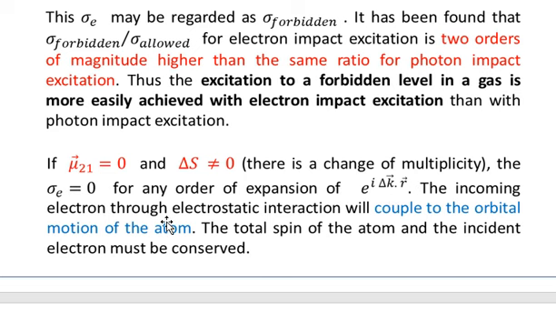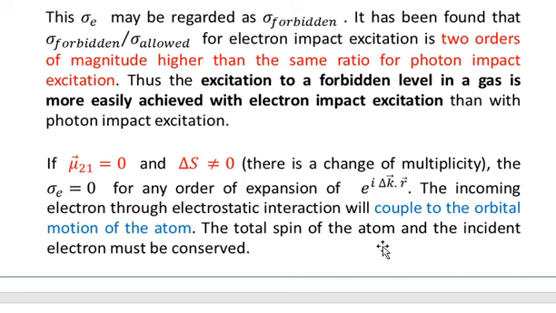The incoming electron through the electrostatic interaction will couple to the orbital motion of the atom. So an important thing here is that we can still have a transition, and the reason behind that transition is this coupling.